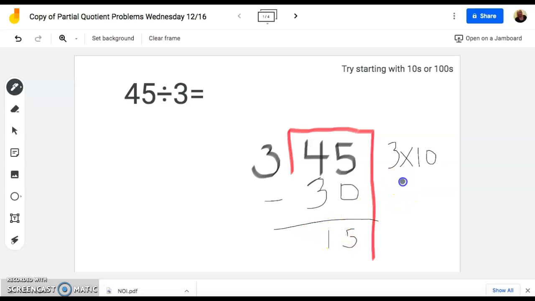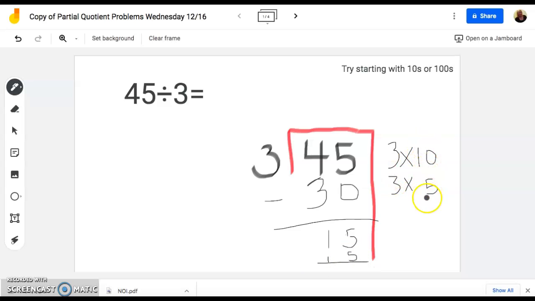So now I have a 5. 3 times 5 is 15. And when I subtract that out, I get 0.